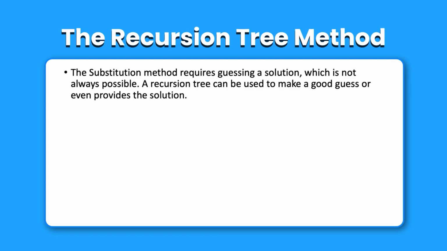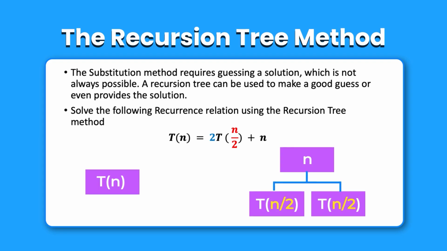The objective is once again to solve the recurrence relation using this method, and we are assuming the same recurrence relation which we solved for the substitution method, that is T(n) equals 2T(n/2) plus n.